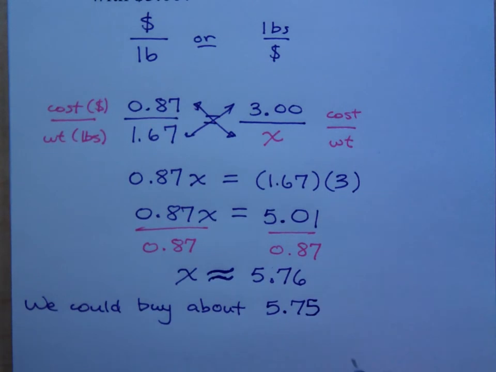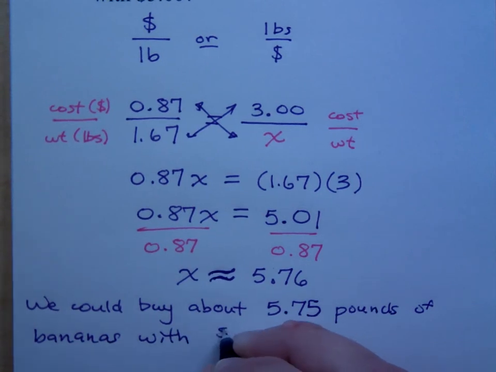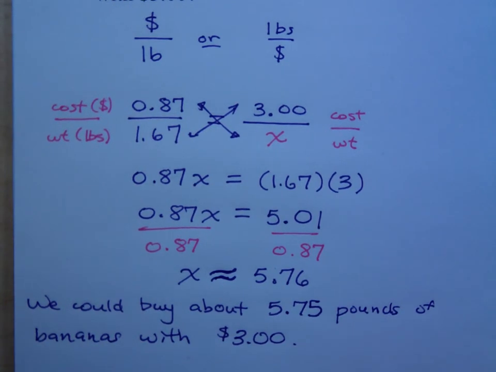We could buy about 5.75 pounds of bananas with $3. You guys agree with that?